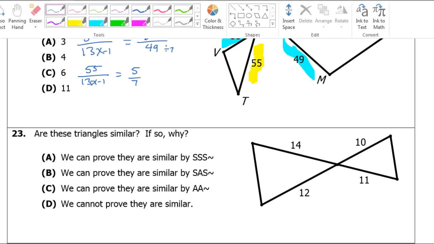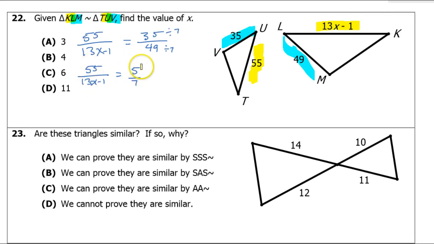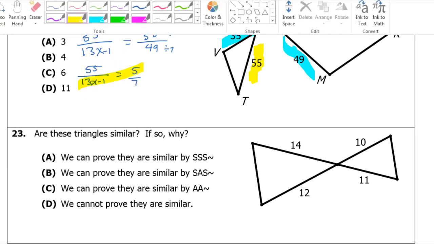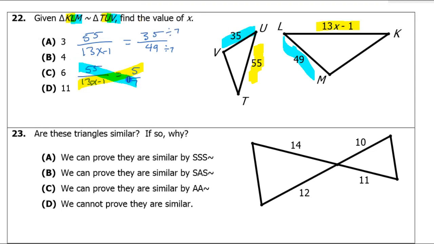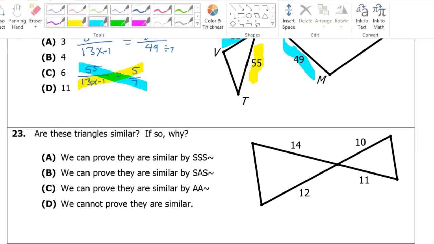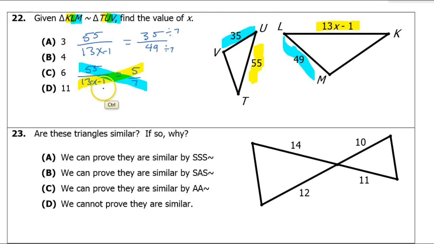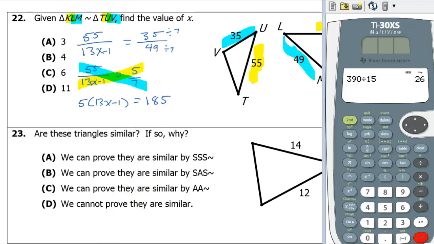So now it's time to cross multiply, and that's where we make a new equation by multiplying these together and multiplying these together and setting those equal to each other. Okay, so I'm going to have 5 times 13x minus 1 is equal to, and 7 times 55 is 385. I first said 185, but I meant 385. That's why I checked.